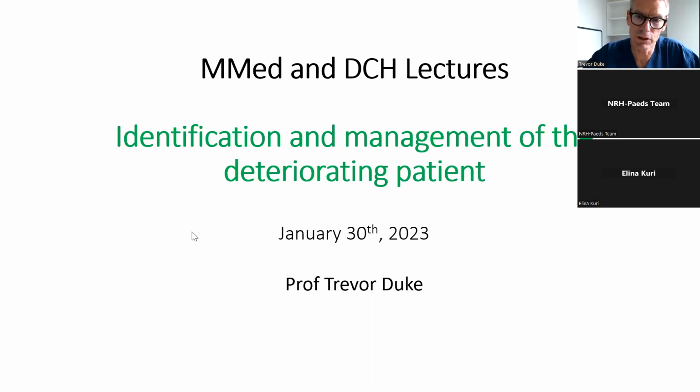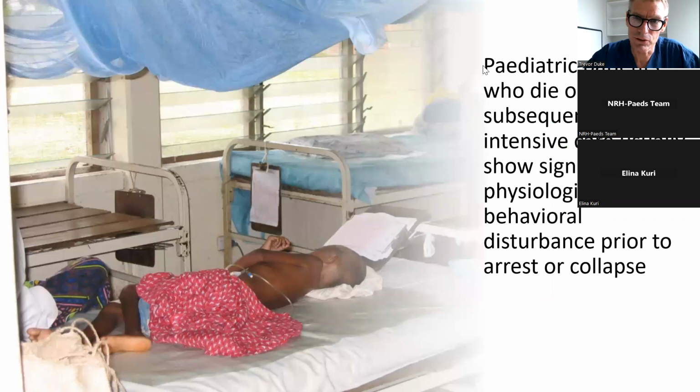Just to give you an idea of how common this is, it's very common that paediatric patients who die or subsequently need intensive care show some signs of physiological or behavioural disturbance before they arrest or collapse. It's at that time, when they show some deterioration in their vital signs or a change in their behaviour, that it's possible to pick up the patient who's deteriorating.